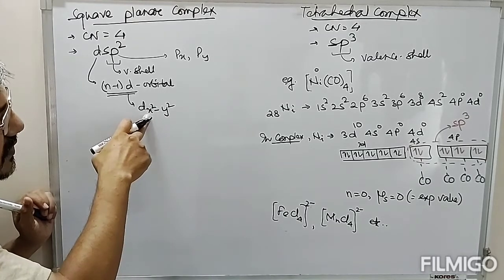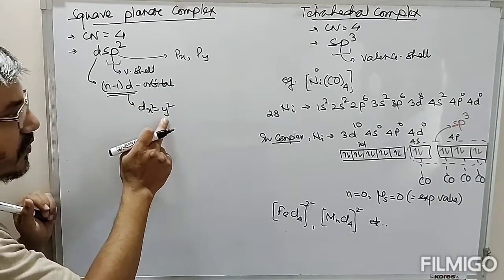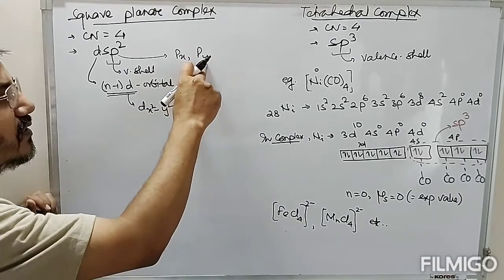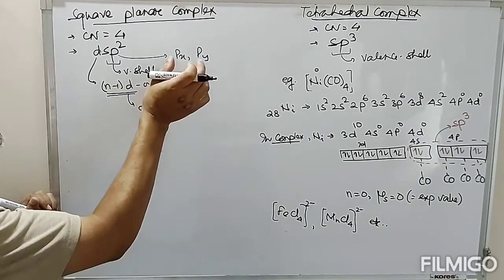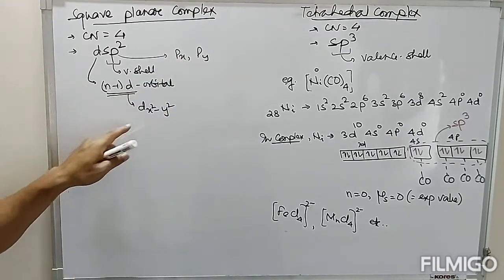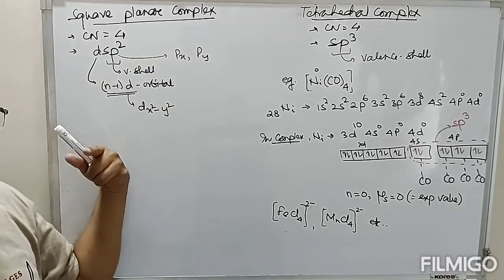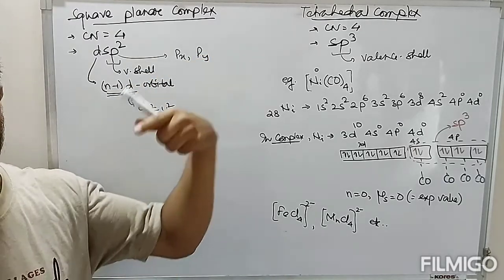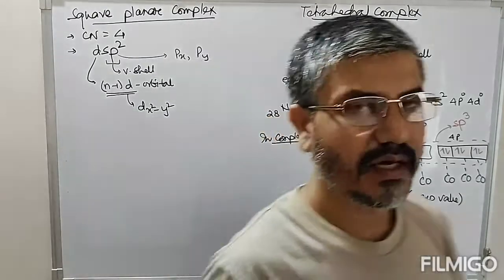Those orbitals having orientation along x can overlap with px, and those having orientation along y can overlap with py. So this is the reason why we selectively use dx square minus y square, px and py, so that they have orientation along the same axis and can undergo maximum overlap, resulting in strong hybridization.